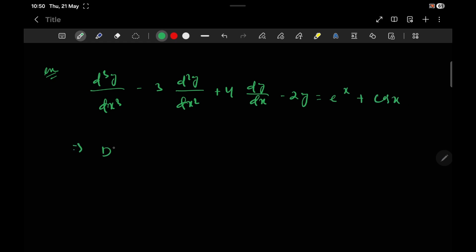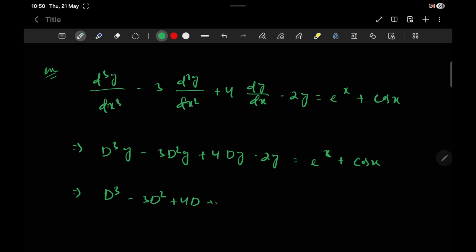So it becomes d cube y minus 3 d square y plus 4 dy minus 2y is equal to e to the power x plus cos x. That implies d cube minus 3d square plus 4d minus 2 into y is equal to e to the power x plus cos x.